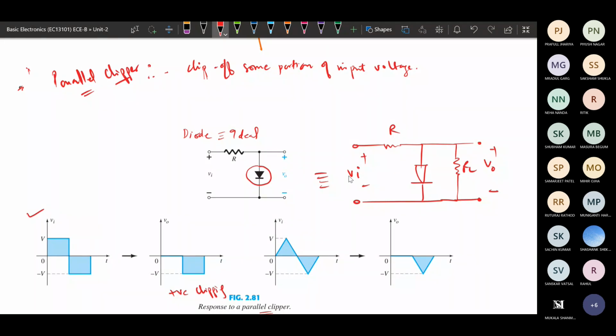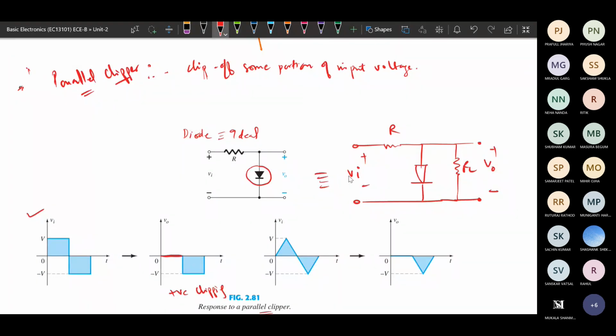When we apply the positive half of the input voltage, the diode will be on. Once the diode is on, it behaves like a short circuit, so the output at the output terminal will be 0. For the case when the diode is on, the output will be 0.